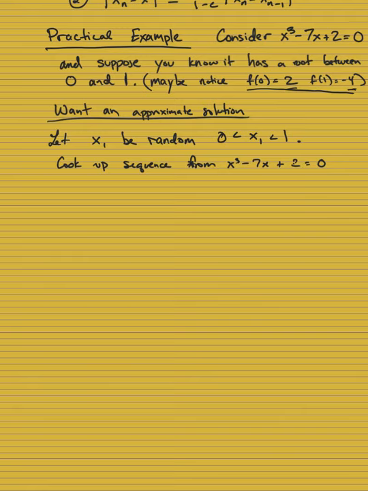One way you can do this is to solve for x, which seems a little weird to do in this equation, but you just say x is equal to (x cubed plus 2) divided by 7, and then make the sequence x_(n+1) defined to be (x_n cubed plus 2) over 7.